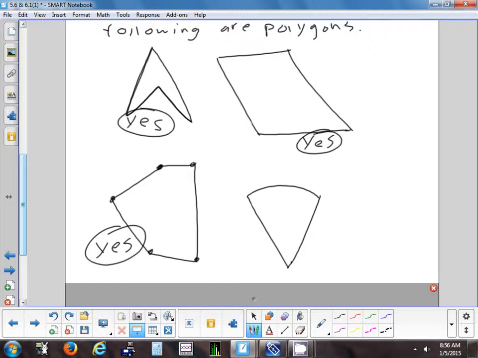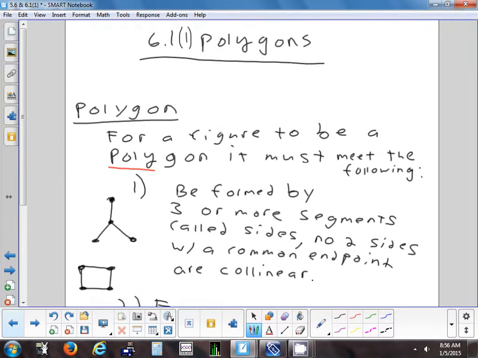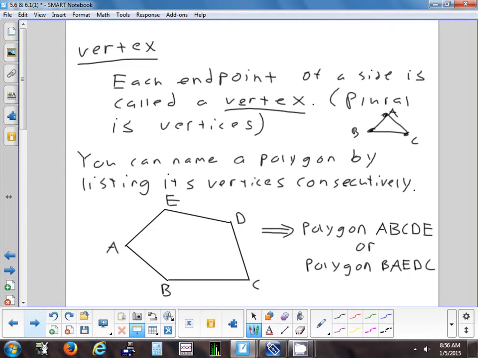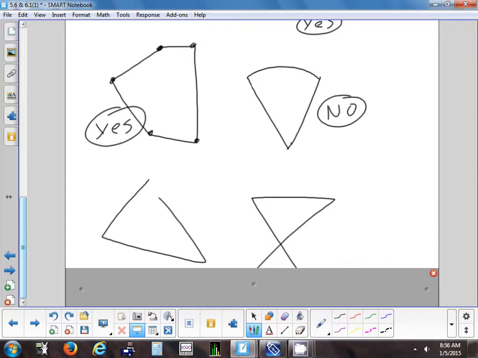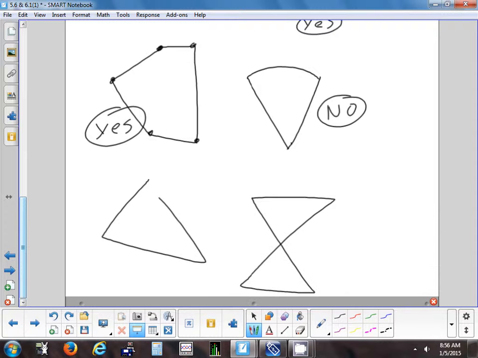How about the last one? No. What's wrong with this one? Yeah, it's curved. The definition said segments, not arcs. It's got to have segments. So that last one is no. Two more. How about this one?